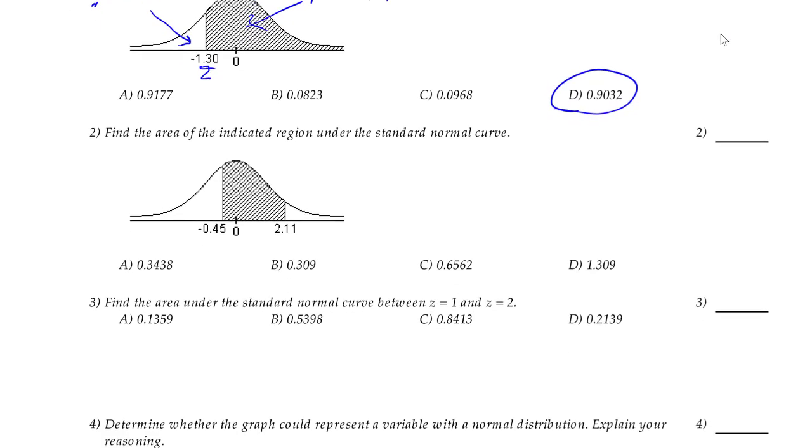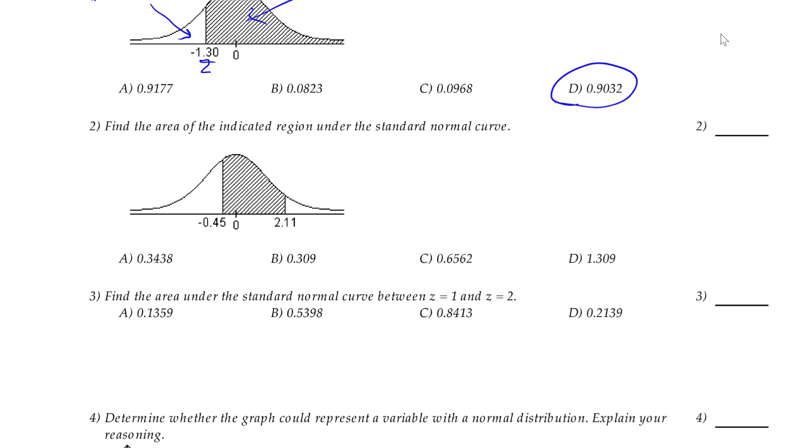On the next one, area of the region under the standard normal curve. Again, we want the area in between here. We're going to have to look up these two z-scores, one for 2.11 and one for negative 0.45, and subtract the one at 2.11 minus the one at negative 0.45.